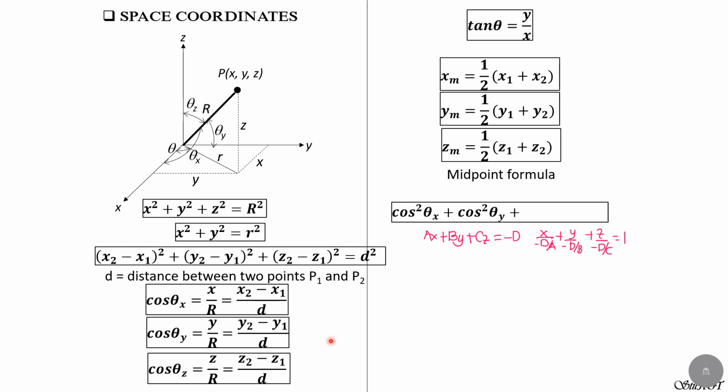And if theta x, theta y, theta z are all equal to each other, then theta x equals theta y equals theta z equals inverse cosine of 1 over square root of 3, to remind you. And that's 54.74 degrees. So the general equation of a plane is, you just extend the general equation of a line.